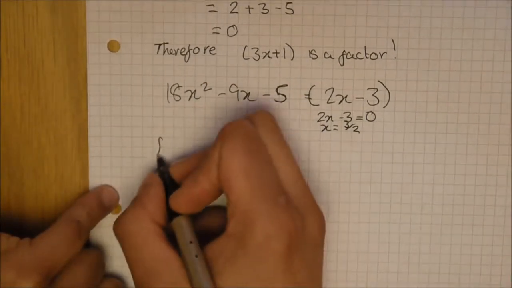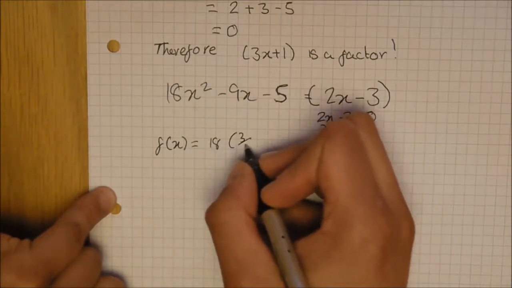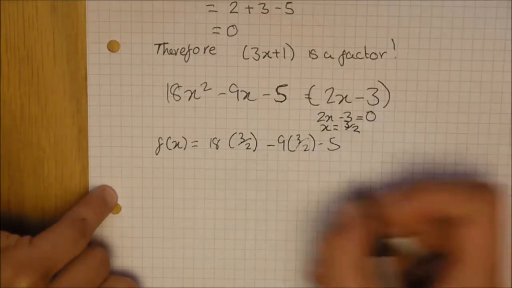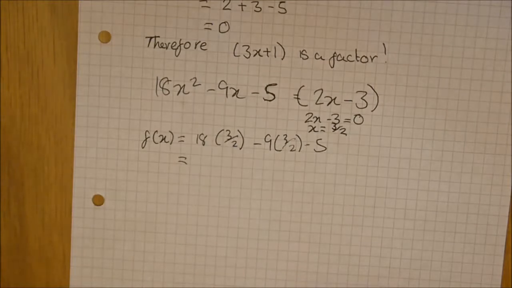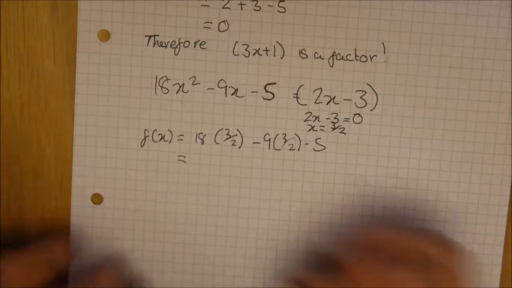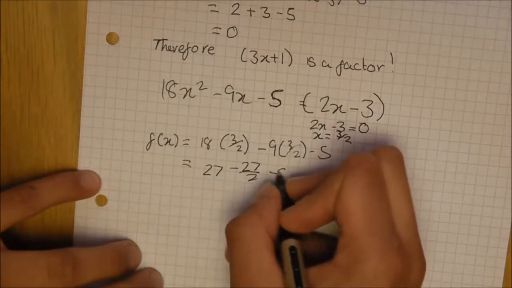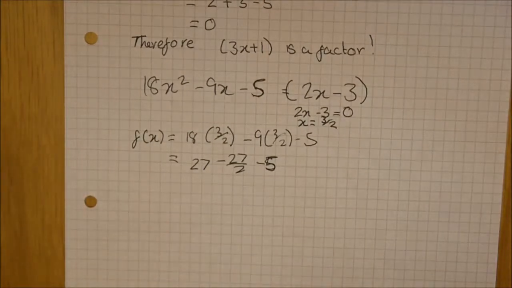So what we can do is we can go f of x equals 18 lots of 3 over 2 squared, minus 9 lots of 3 over 2, minus 5, equals, well, 18 lots of 3 over 2 squared, 27 minus 27 over 2 minus 5.